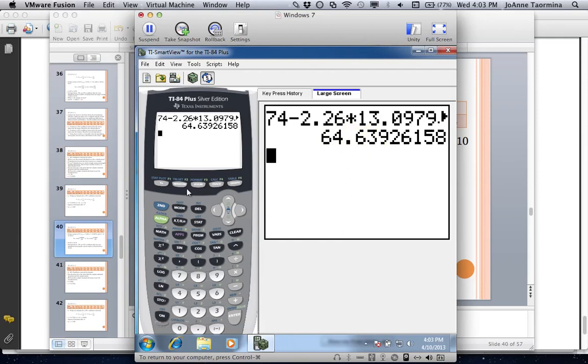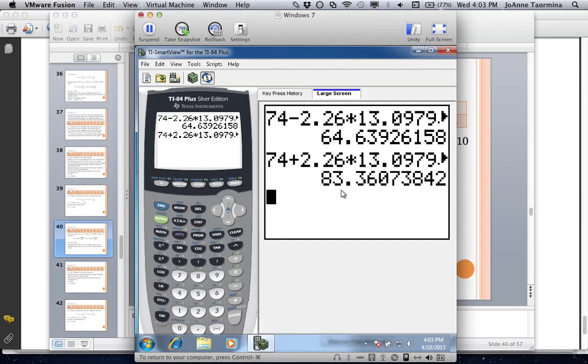And if we change that minus to a plus, scrolling over, we have 83.36.